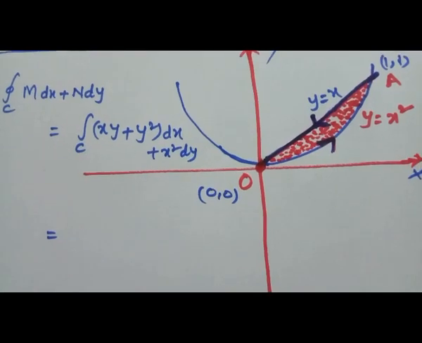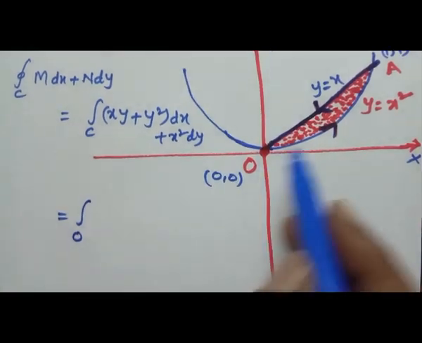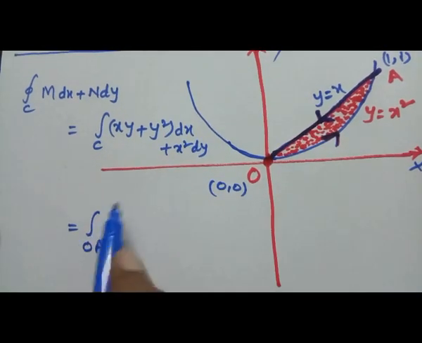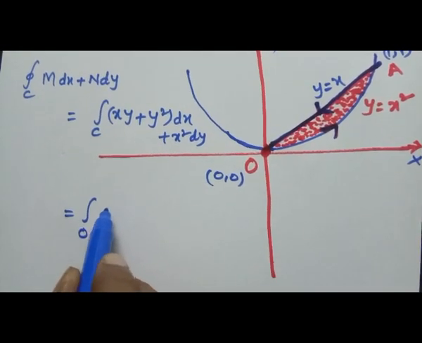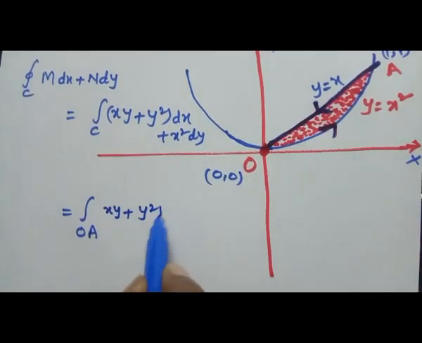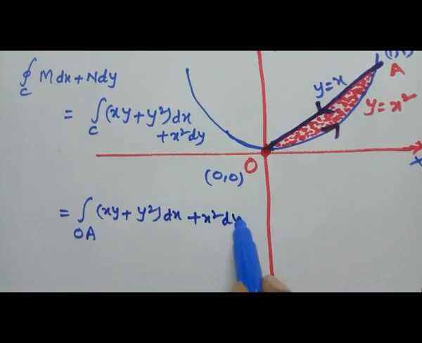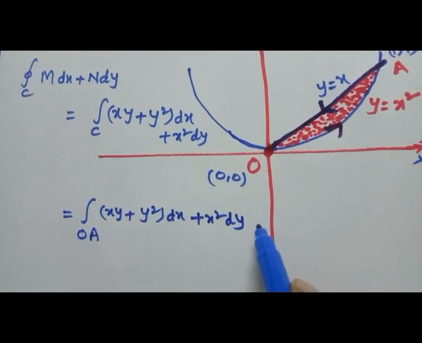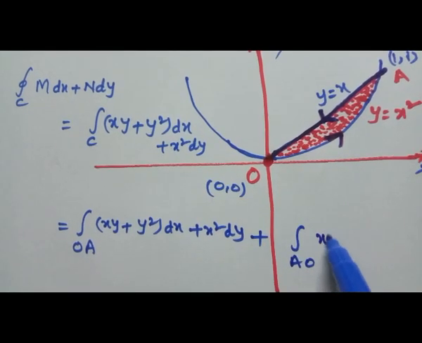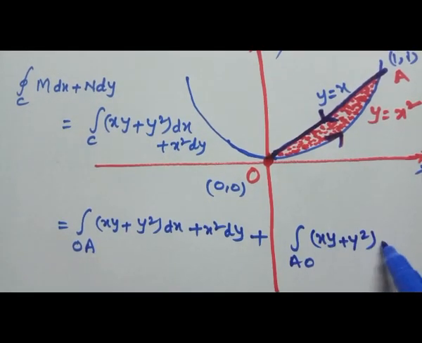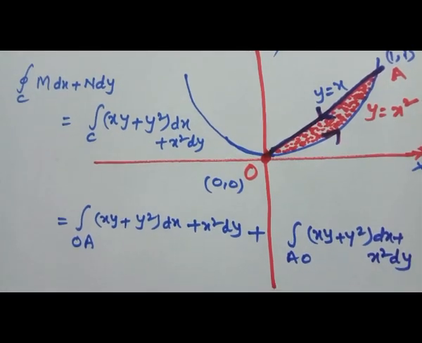Therefore, that is the integration along OA of (xy plus y square) dx plus x square dy, plus the integration along AO of (xy plus y square) dx plus x square dy.